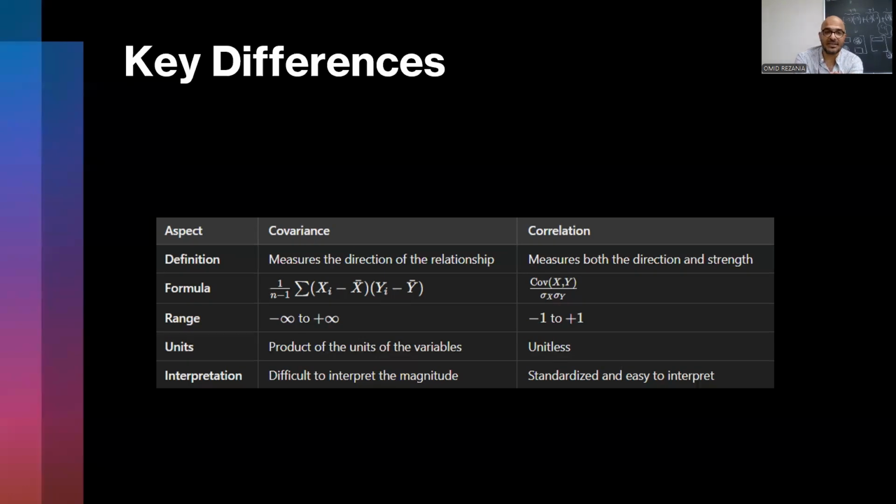We did the numerical examples there. One very important thing was that the covariance didn't have any range of numbers. It can extend from minus infinity to plus infinity. But with the numerical examples that we had, you saw that we had some covariance more than one. But you remember with the correlation, we said that this is bounded between -1 and +1.